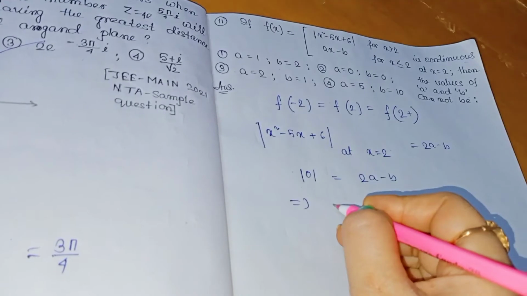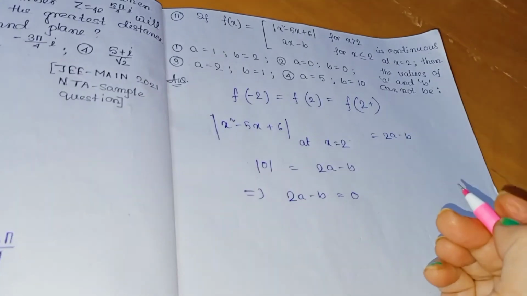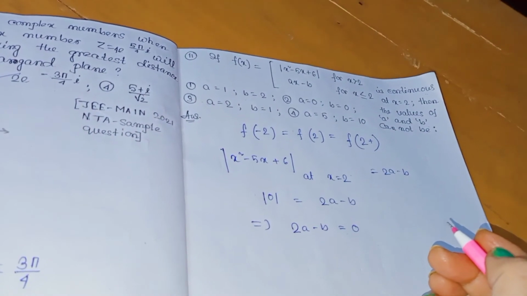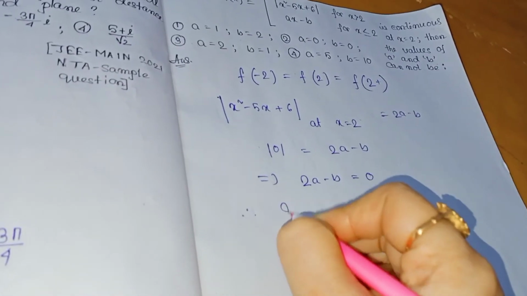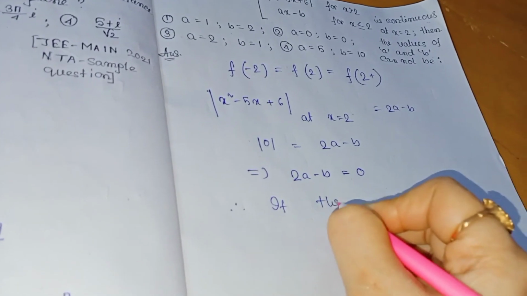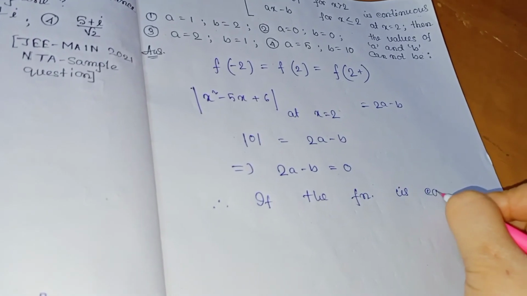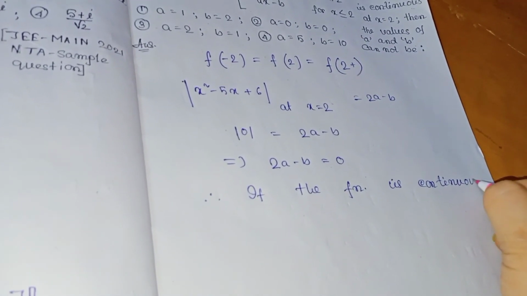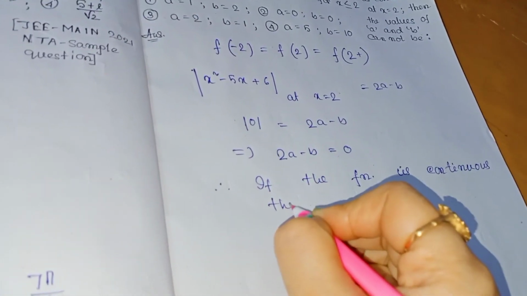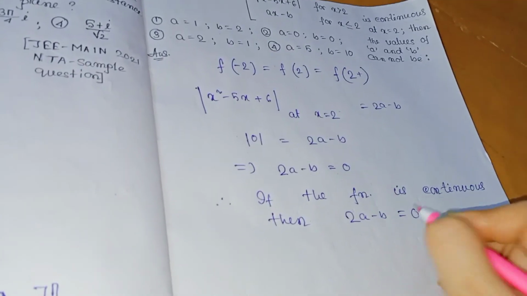That implies 2a minus b is equal to 0 here. So if the function is continuous, then 2a minus b is equal to 0.